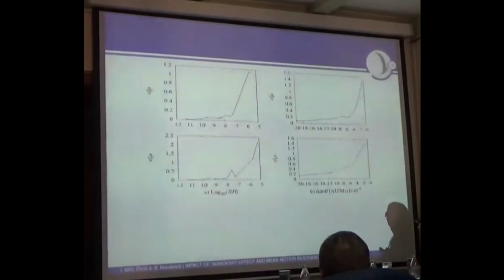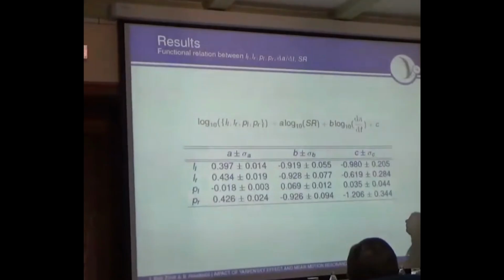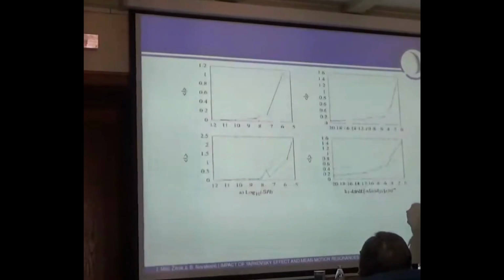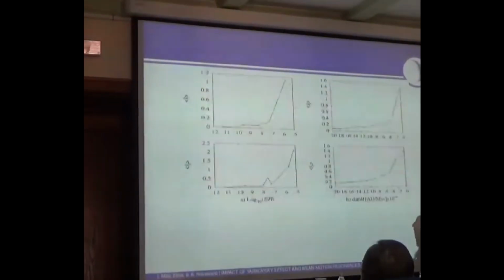We have a very clear connection between these two parameters and these two R values, and also between these two parameters and these two R values. We decided to use this equation as the best equation to fit this data from these two pictures.